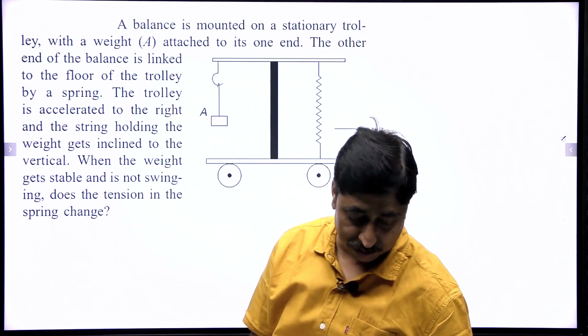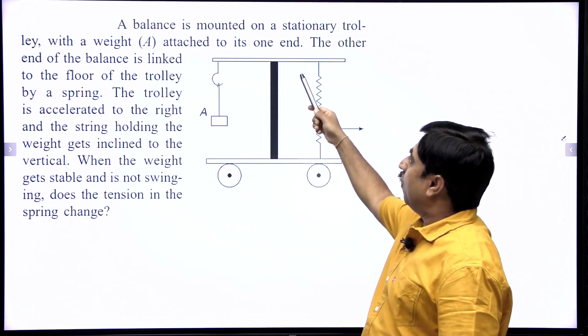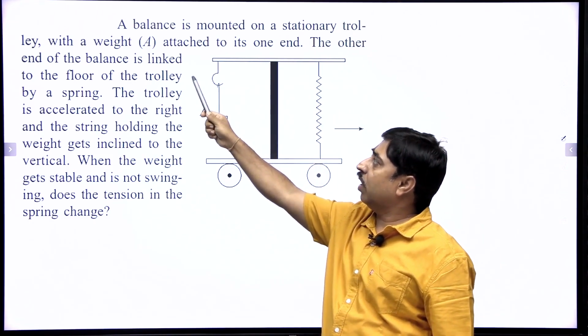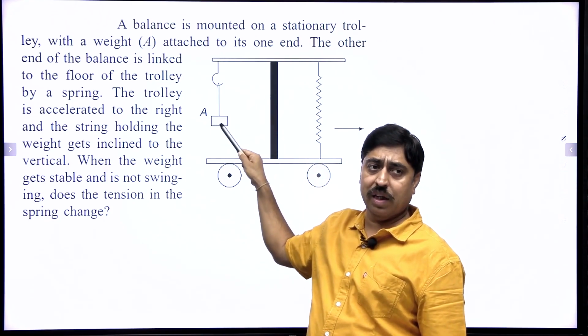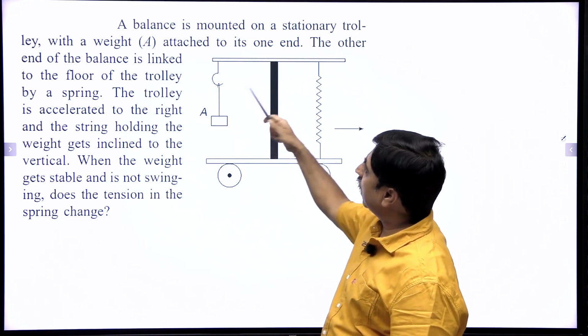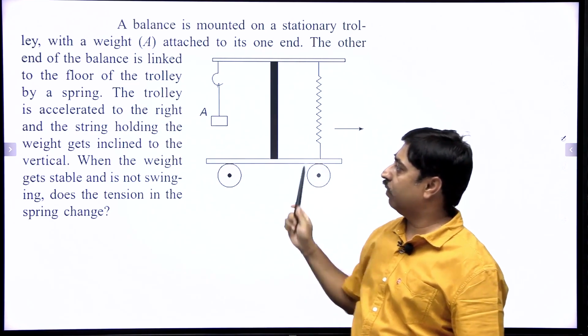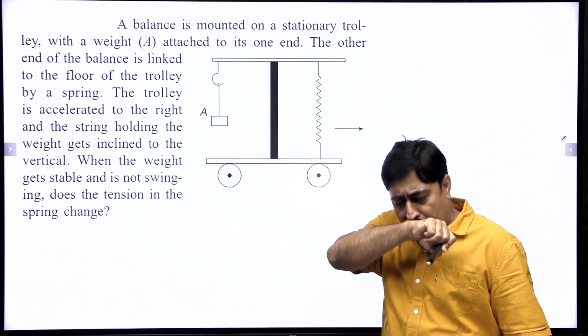Or at any grocery shop. So a balance is mounted on a stationary trolley with weight A attached to one of its ends. At one end of the balance there is a weight A attached. The other end of the balance is linked to the floor of the trolley by a spring.